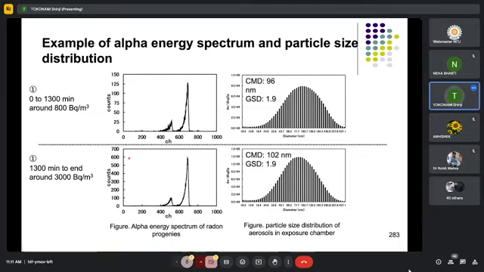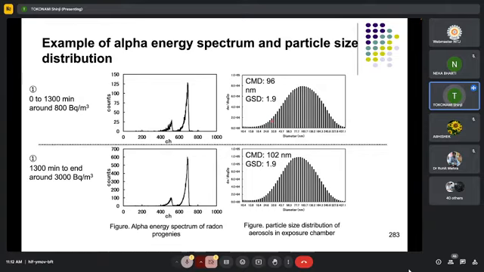Here's an example of alpha energy spectrum and particle size distribution in the exposure chamber. During 0 to 1300 minutes, radon concentration about 800 becquerel per cubic meter, we obtained the alpha spectra like this: polonium-218 and polonium-214.